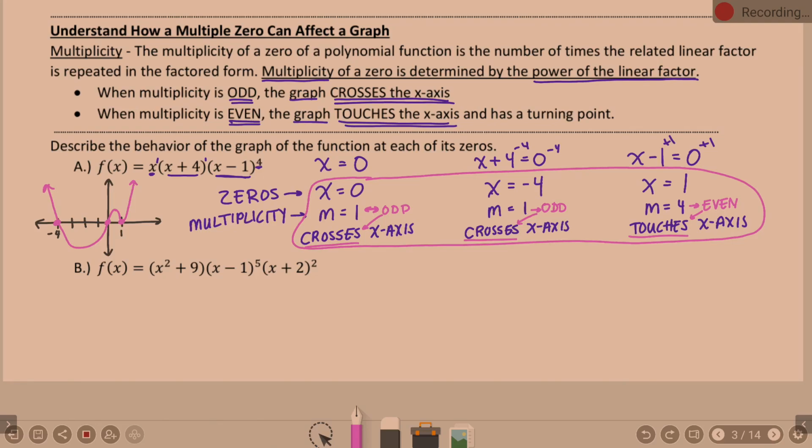If I multiply this all together, we'd have x to the fourth, another x to the first, another x to the first. That would be a total of x to the sixth. And x to the sixth, if you remember in behavior, is even. And even is up and up if it is a positive x to the sixth. So there's another reason I know it's up and up.